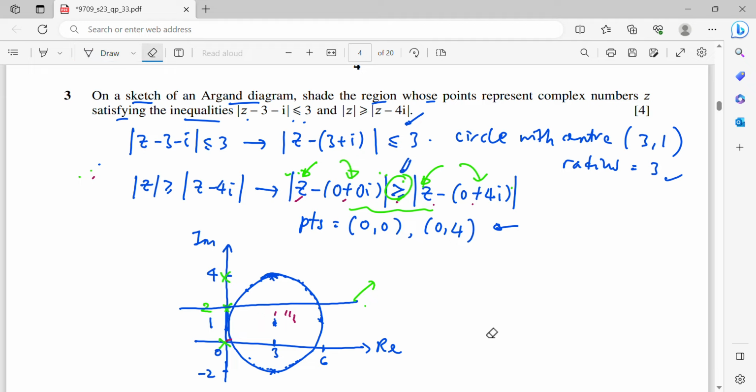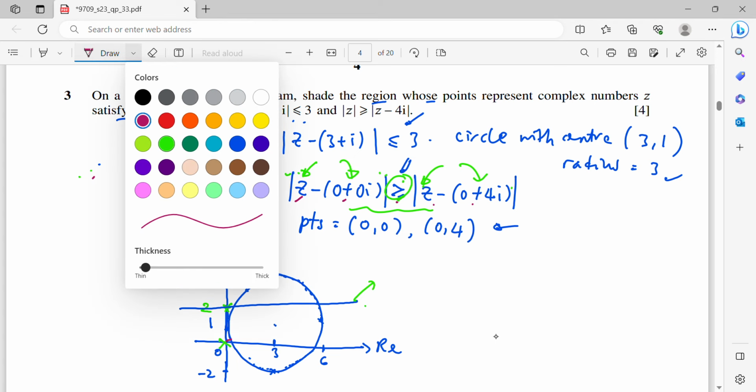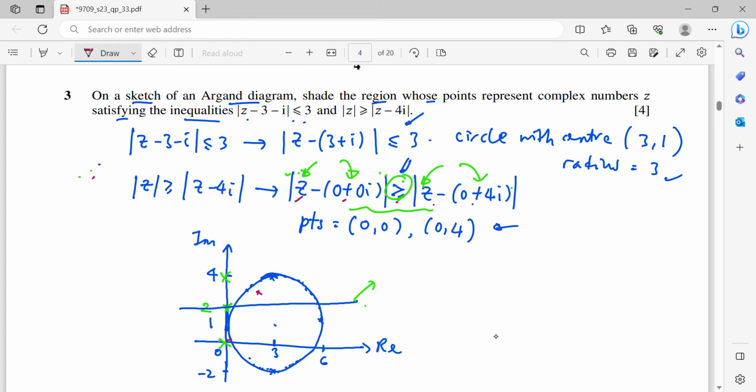I take another point, for example the point over here. The distance from this general point to the origin is longer than the distance from the general point to (0, 4), which means you can accept all the points above this horizontal line.